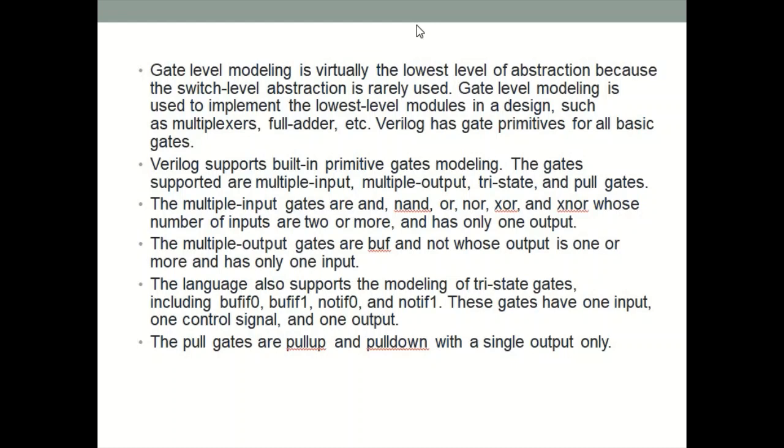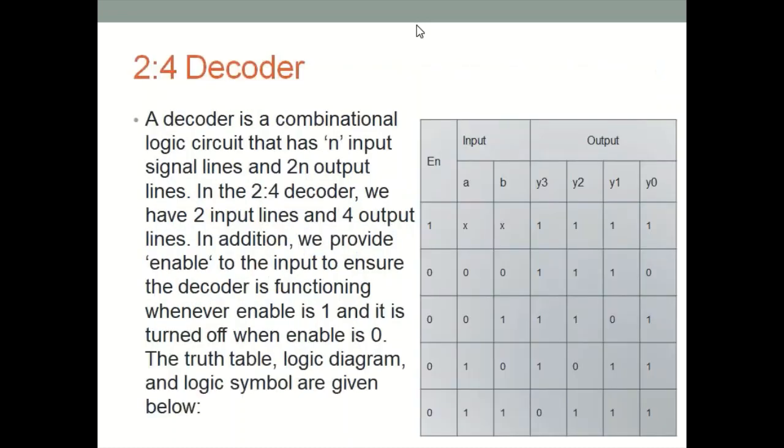The language also supports modeling of tri-state gates, including bufif0, bufif1, notif0 and notif1. These gates have one input, a control signal and one output. The pull gates are pull-up and pull-down with a single output only.